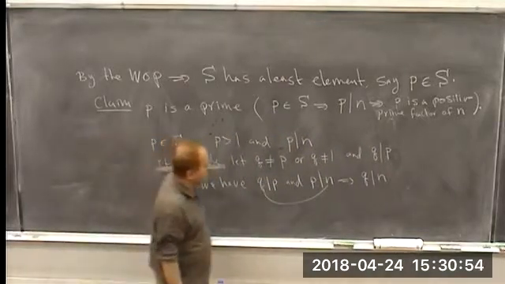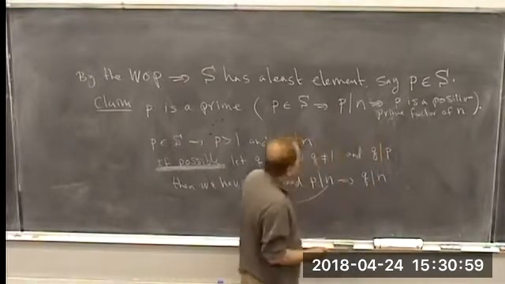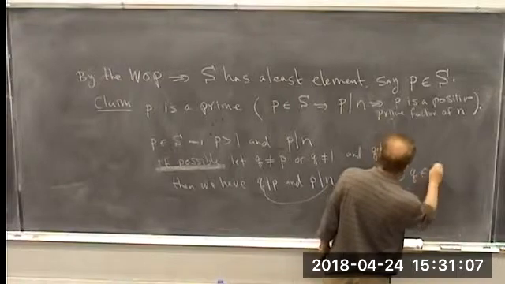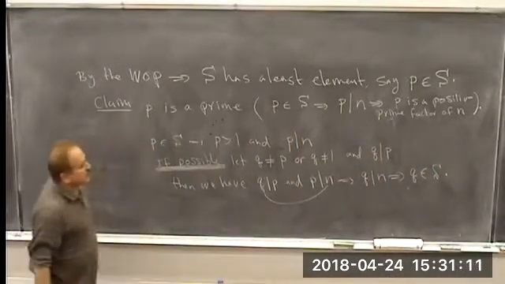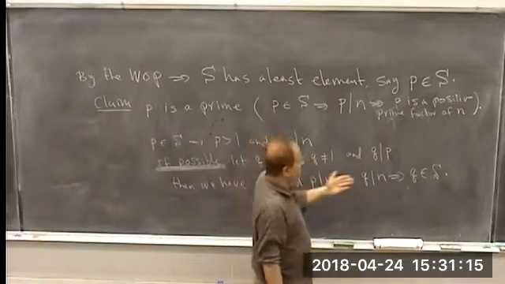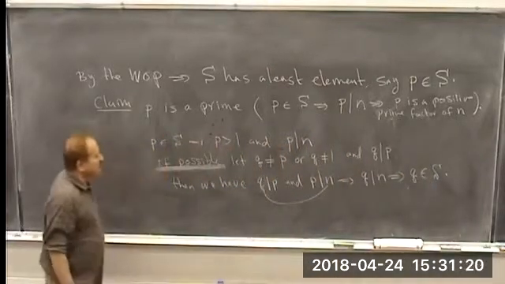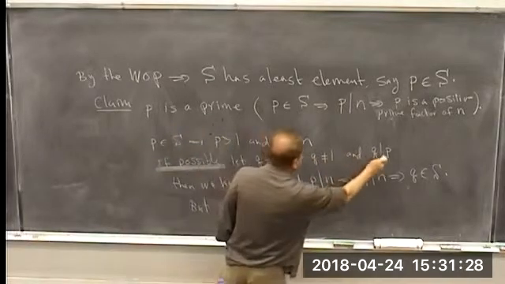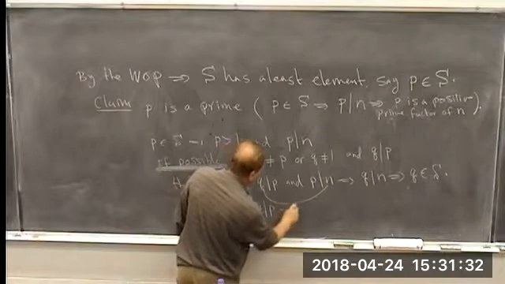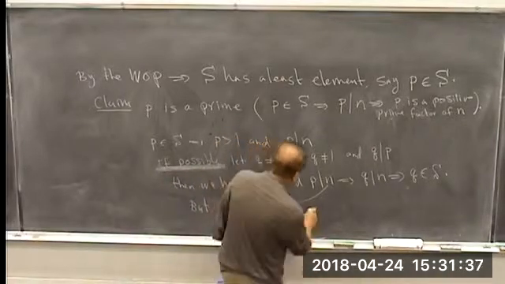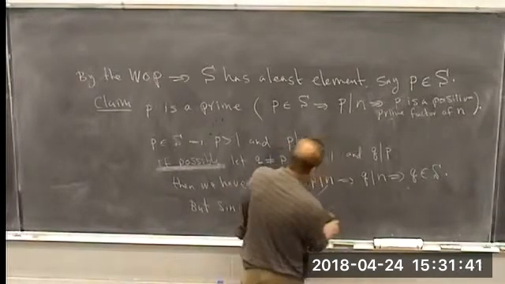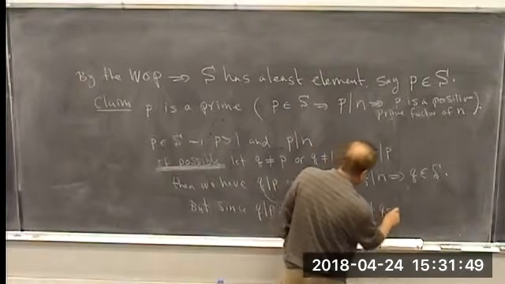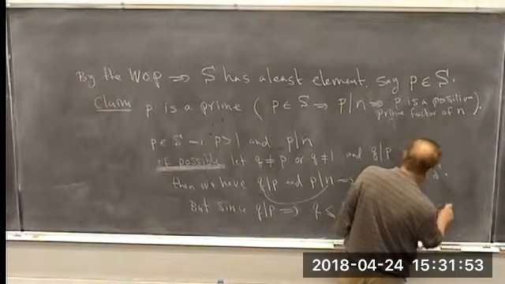Now what does this mean? This means that Q is actually in S, because Q is not equal to 1, actually it is bigger than 1, and Q divides n, so it must be in S. But since Q divides P, this implies that Q is smaller than or equal to P, but it's not equal, so it's strictly less than P. This is a contradiction.